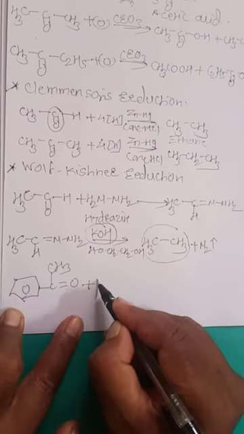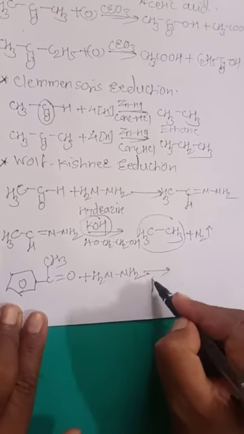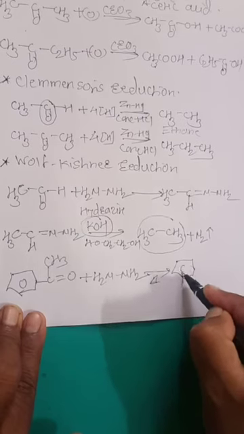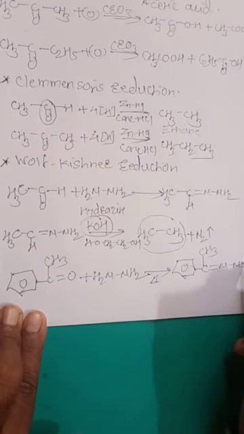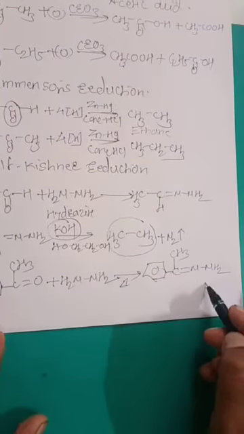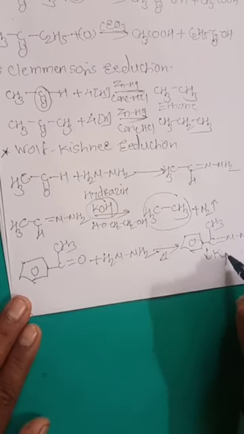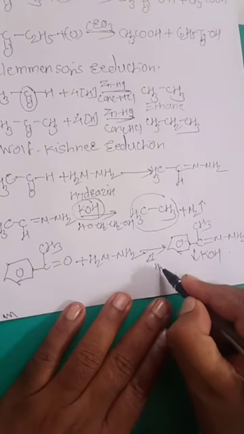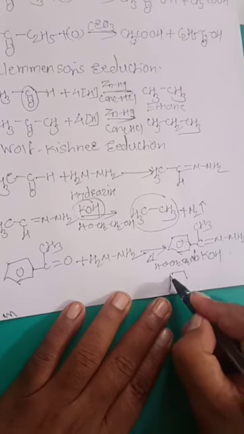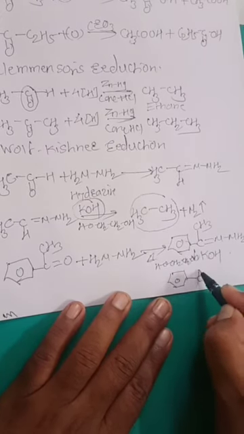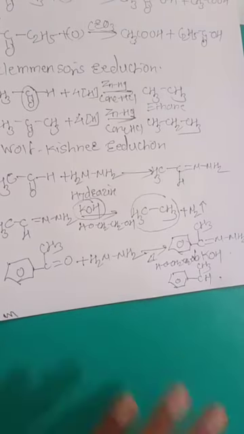When it is treated with H2NNH2, then we get corresponding hydrazone, which on further reaction with KOH in presence of ethylene glycol gives ethylbenzene.